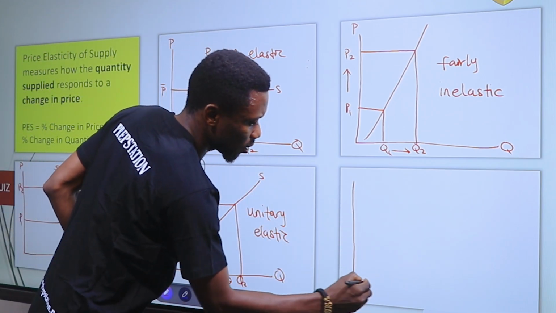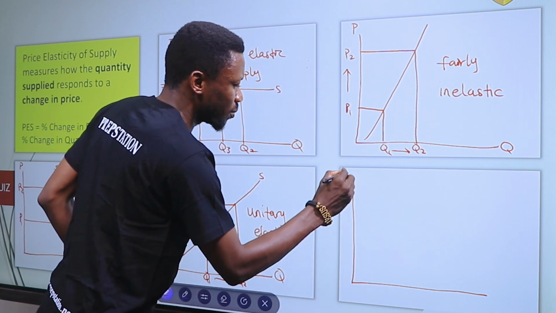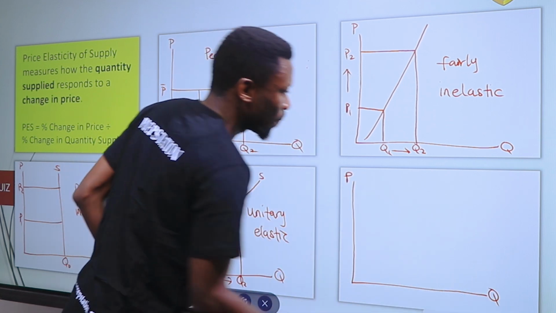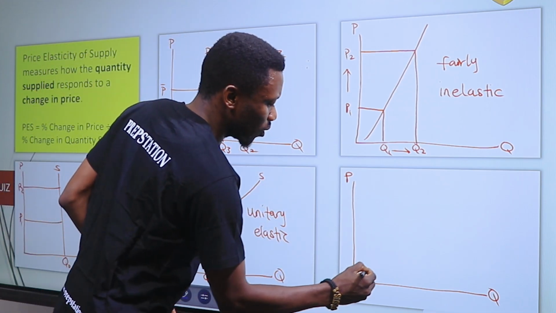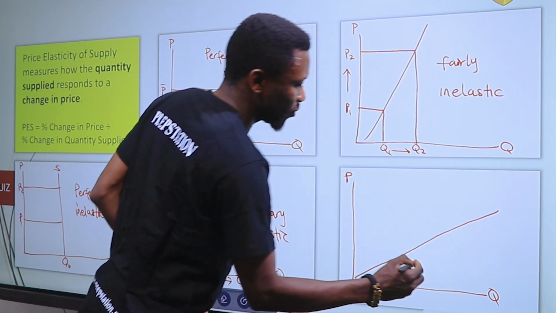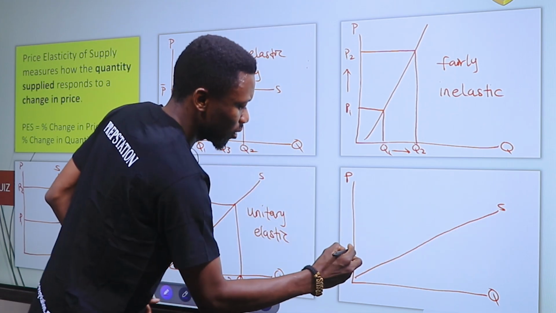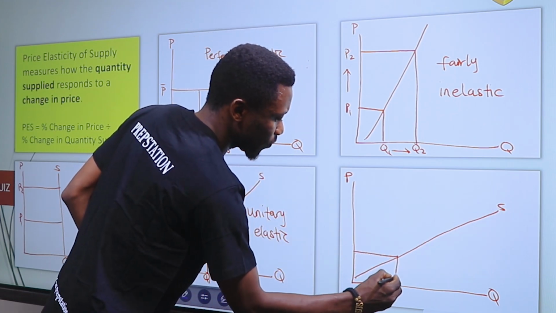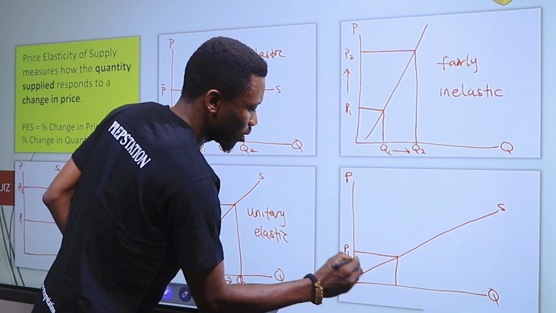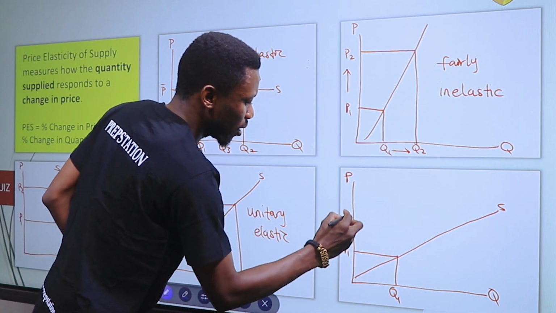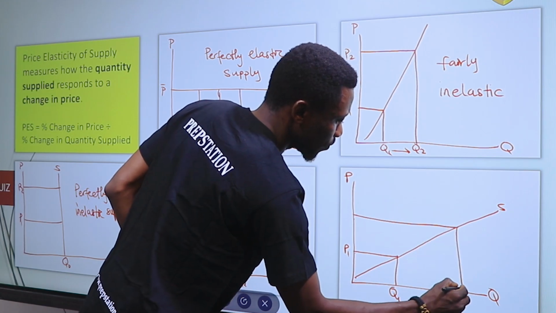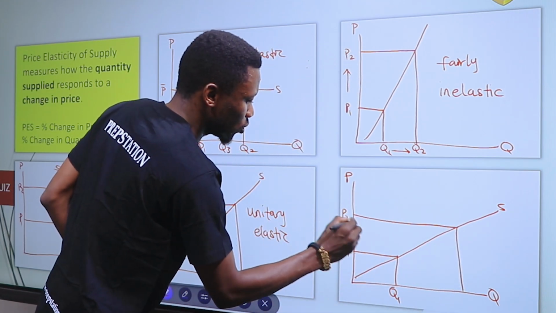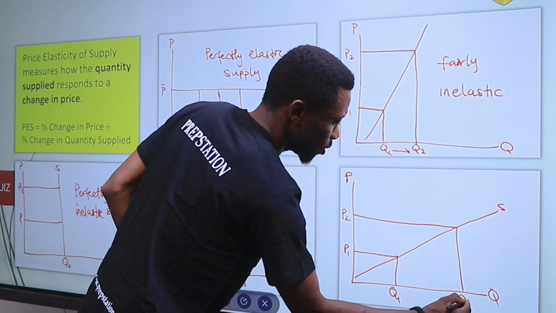Contrary to that, we can also have, this is P and this is Q, and the supply curve is still sloping the same way, but now in a much steeper form. We have S, so here we have P1 and we have Q1. Now, here we have P2, and wherever it intersects, we have Q2.